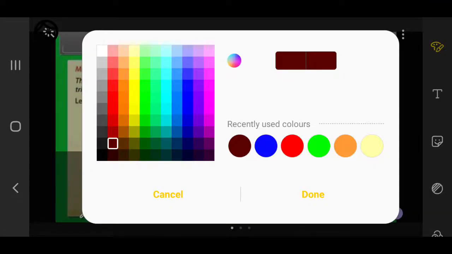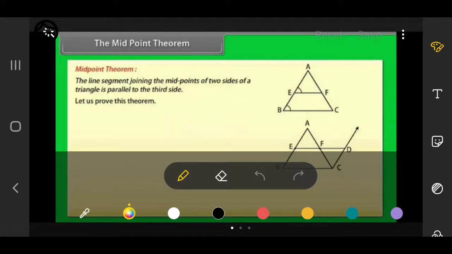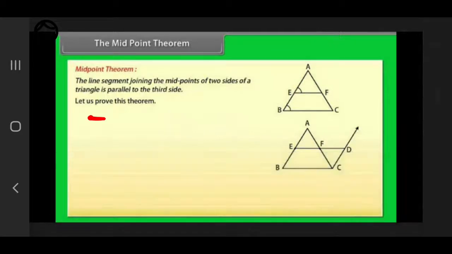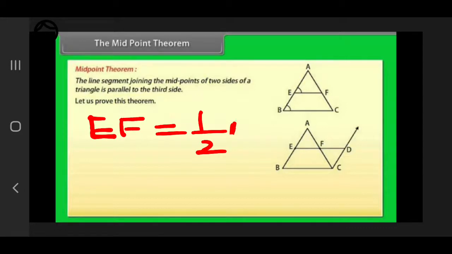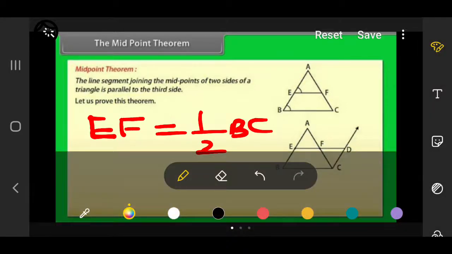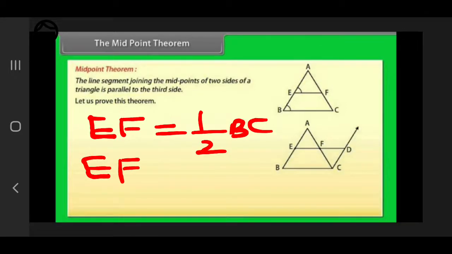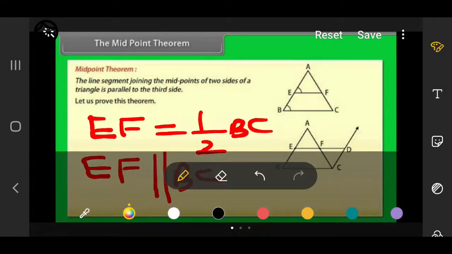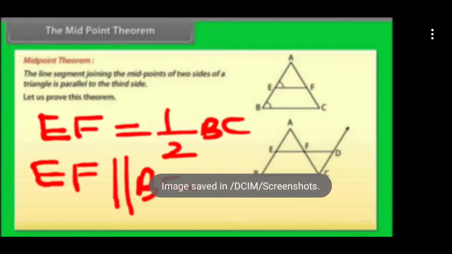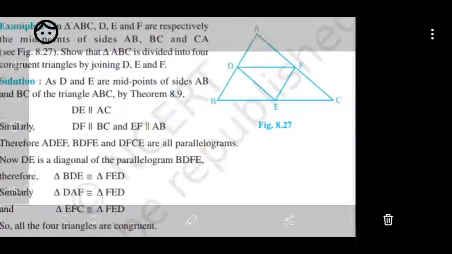That also we have to mention here. You can use that to prove this problem also.